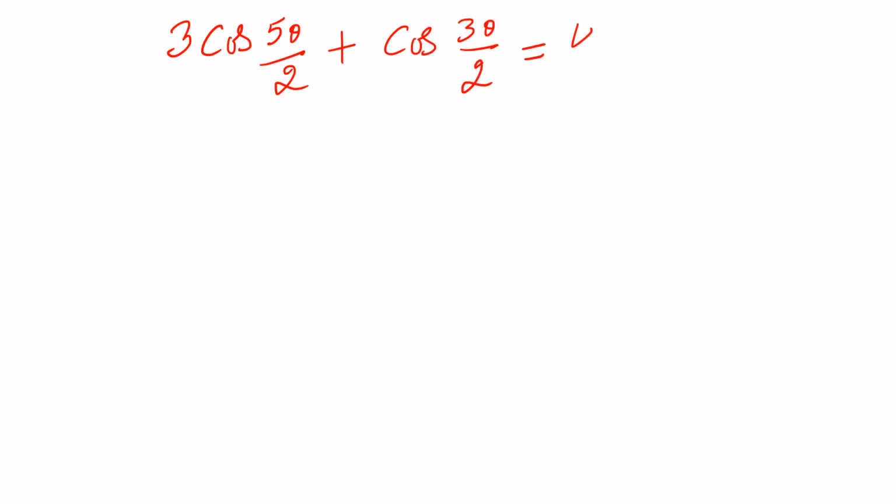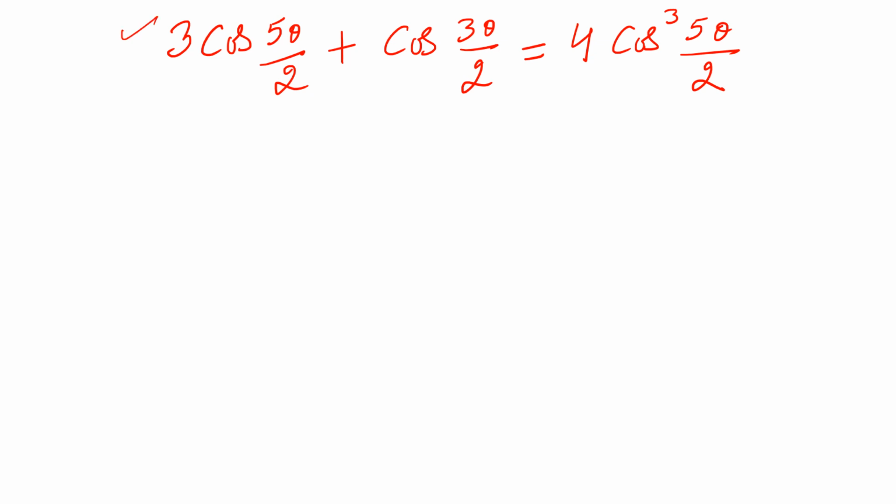Now students, when we multiply both sides of the equation by 2, then the equation becomes 3 times cos of 5 theta by 2 plus cos of 3 theta by 2 equal to 4 times cos cube of 5 theta by 2.